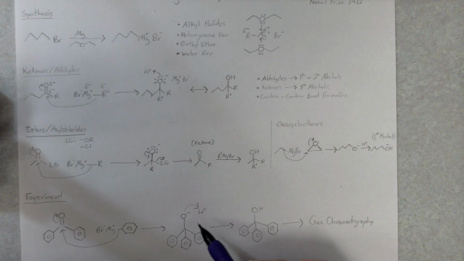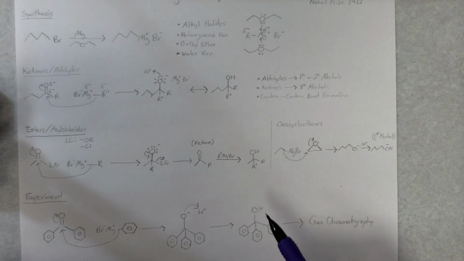And with our product workup, with aqueous HCl, we are forming our final product, which is triphenylmethanol. And instead of using the NMR today, we're actually moving on to gas chromatography.